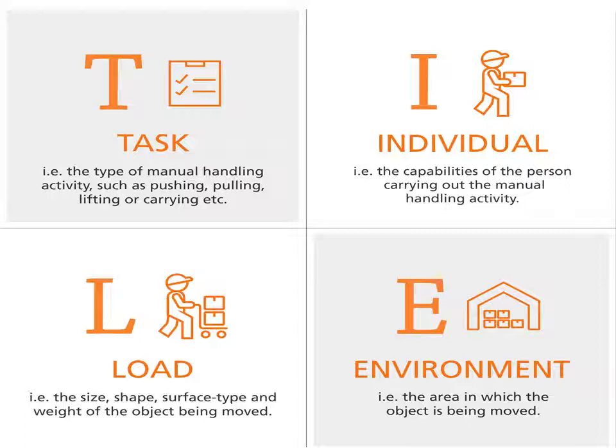If it's the individual, we look at the capabilities of the person carrying out the manual handling activity. If it's the load, we look at the size, shape, surface type, and weight of the object being moved. If it's the environment, we consider the area in which the object is being moved.